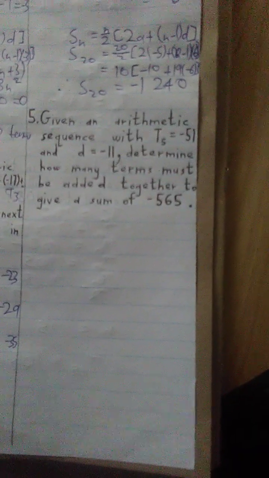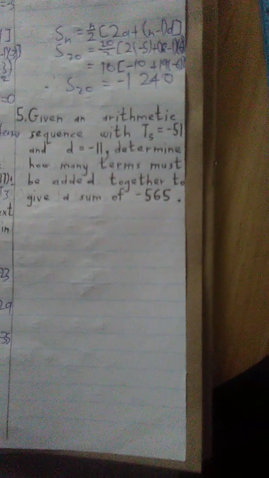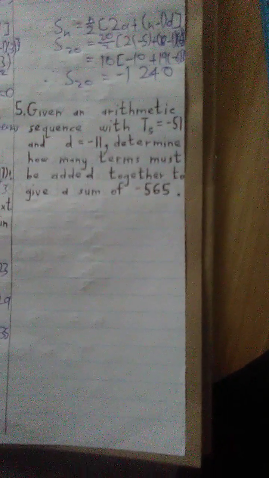And then number 5 states, given an arithmetic sequence with T5 is equal to -51 and D is equal to -11, determine how many terms must be added together to give a sum of -565. So we need to find A. We are given D, right?